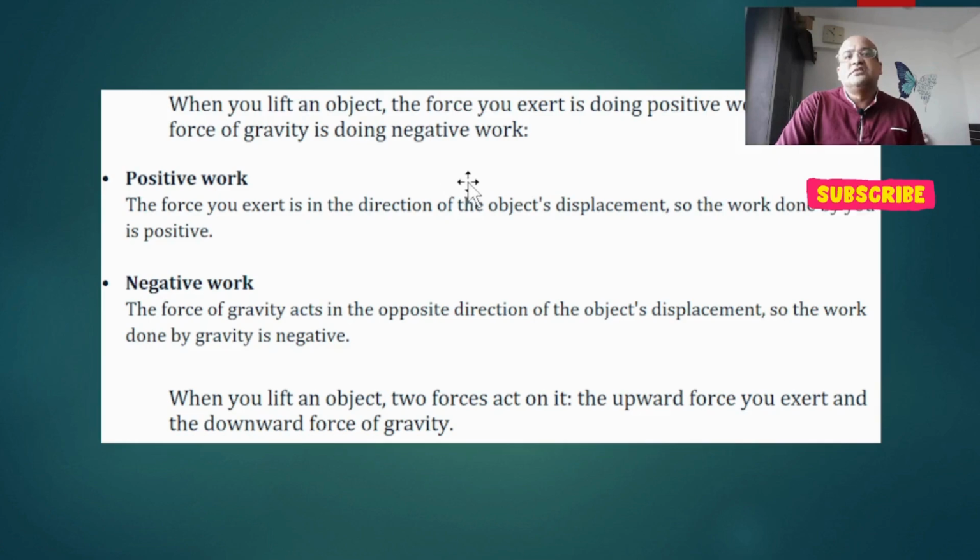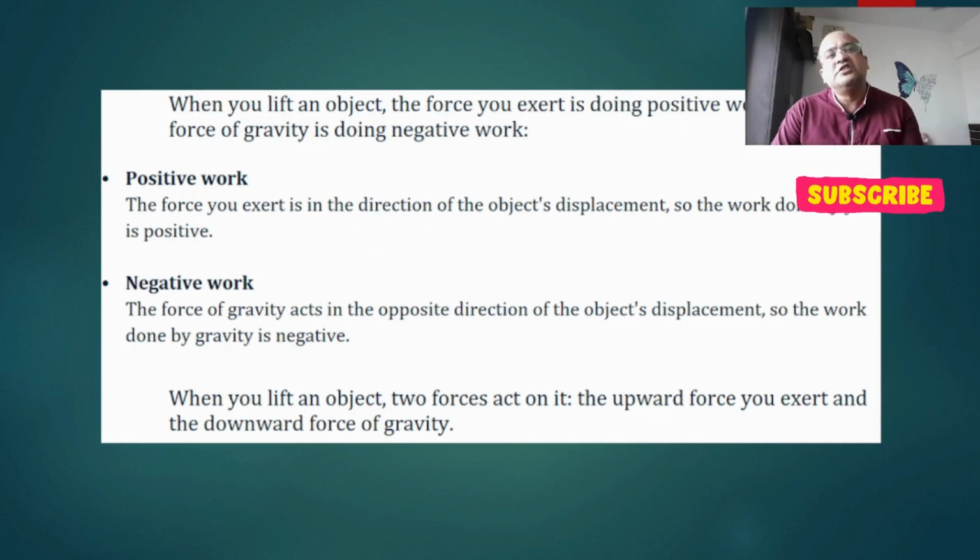Now let's see situations when it is a positive work and a negative work. When you lift an object, the force you exert is doing a positive work. Let's take a very nice example, lifting a book.